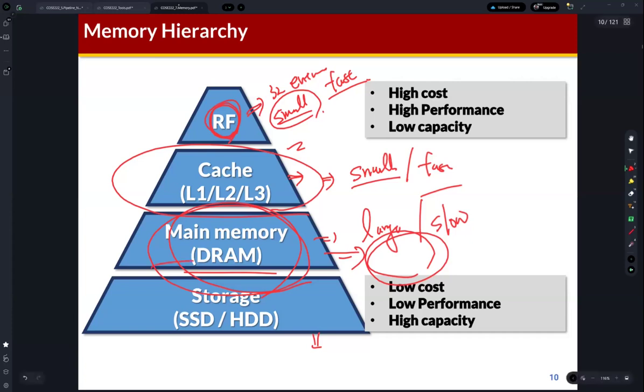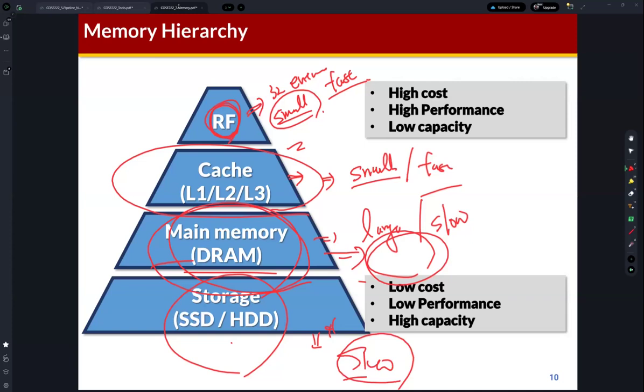Also there is a storage system such as SSD and hard disk drives. You can store our data in SSD and hard disk drives because the size is much larger. Compared to the DRAM, the size is much larger, but it's slow, right?